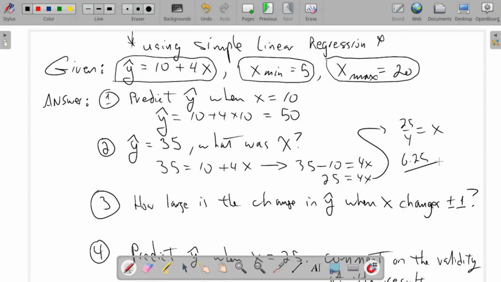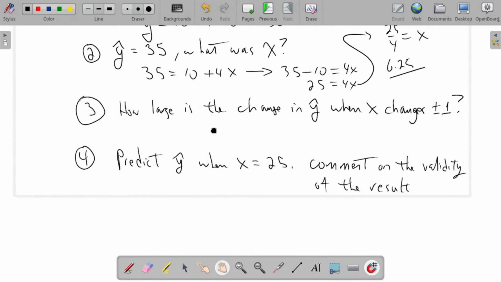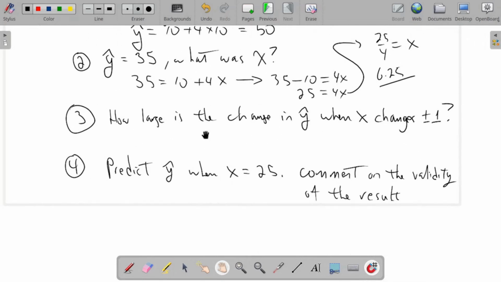Question number 3. How large is the change in y hat when x changes by plus or minus 1? Well, this question is phrased as the very definition of slope. Beta 1, the slope value, tells you how much y hat changes when we change x by some value.